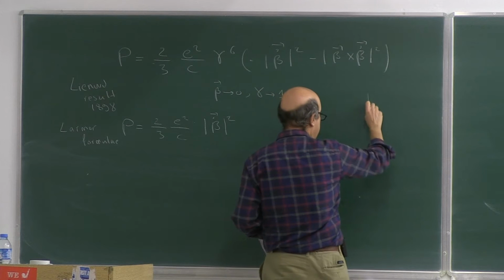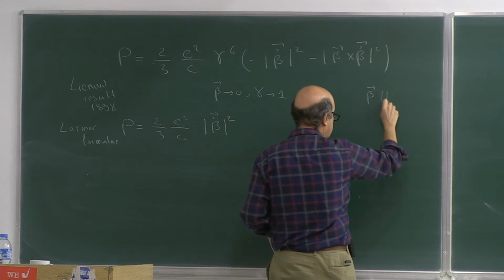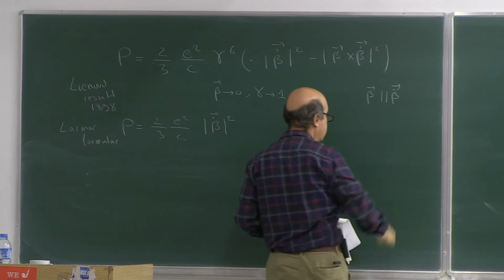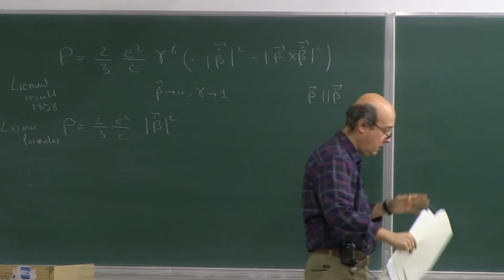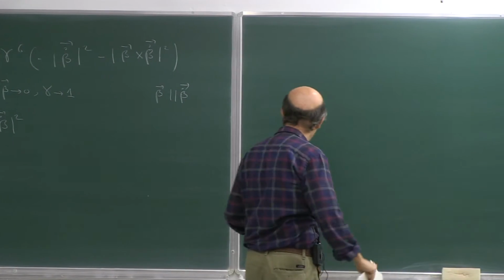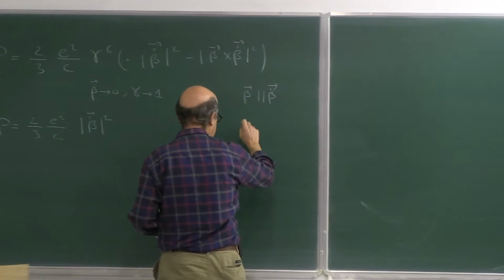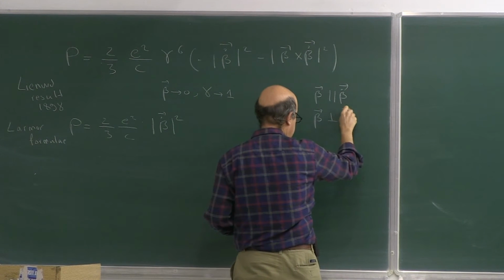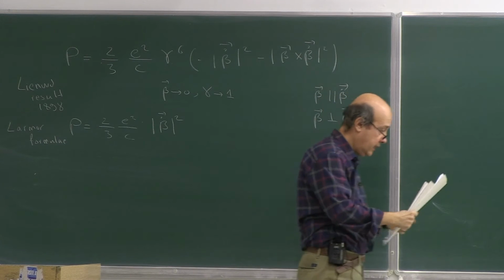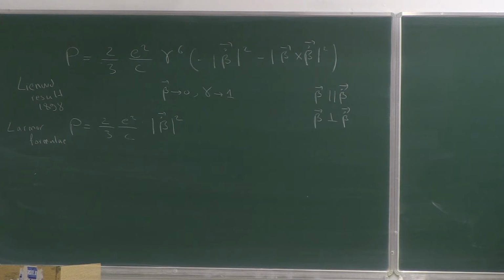One is β and β dot parallel to each other in the relativistic case, that was for the linear acceleration, and the other was for the circular, and in that case β is perpendicular to β dot.